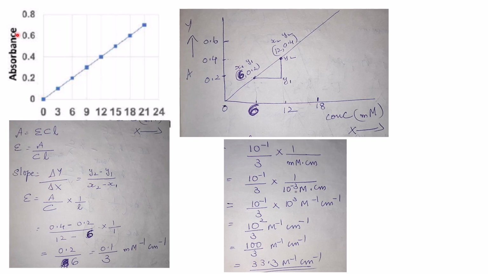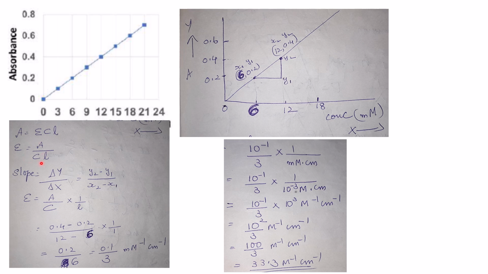So here, this is the graph they have given, and how will you find the extinction coefficient from this graph? Absorbance, you know, is epsilon CL, and we have to find the value of the extinction coefficient, that is epsilon. And epsilon is equal to absorbance by CL.